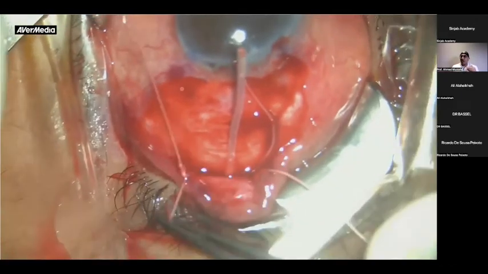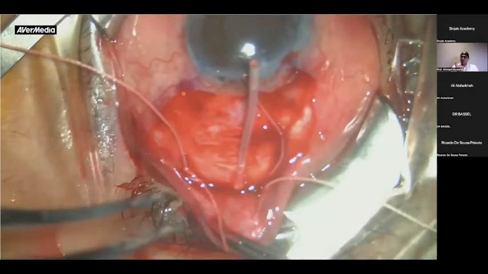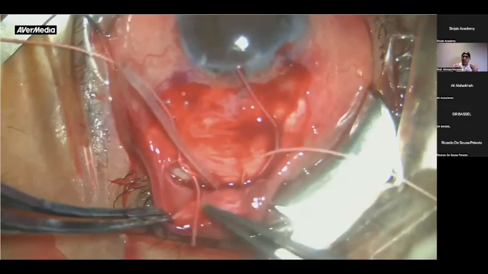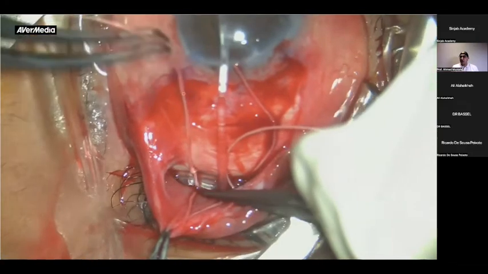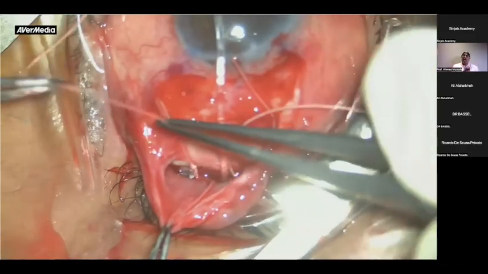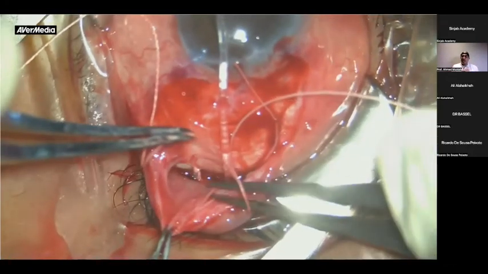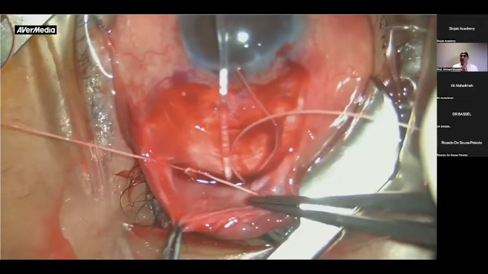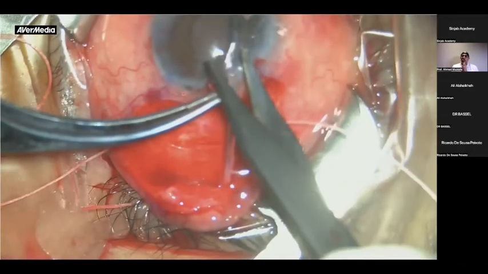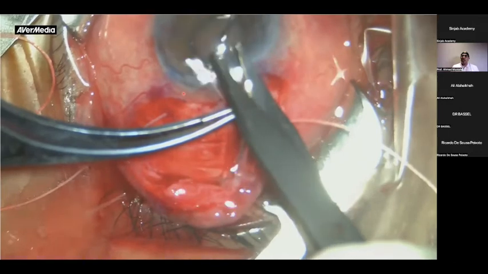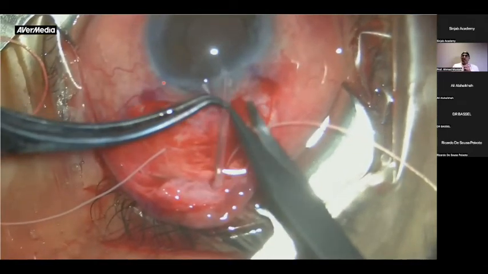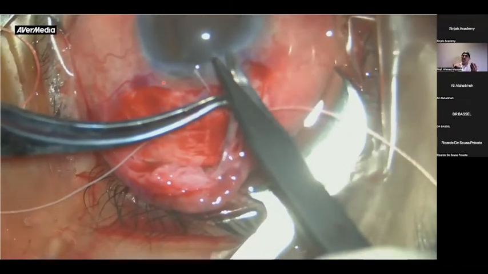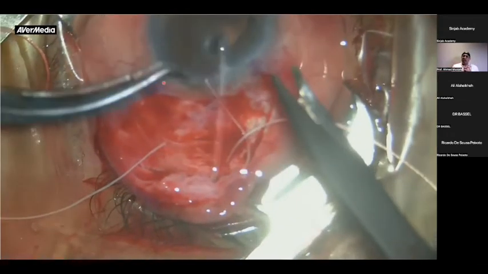So again, I'm pushing the implant posterior, and the implant should go easily, without any kind of resistance. The sutures here are non-absorbable sutures. I know some of my colleagues are using absorbable, other colleagues are adding no sutures at all. But anyway, I insist on using non-absorbable sutures, and then making the tube beveled. And all the time I'm thinking, where should I place the tube?